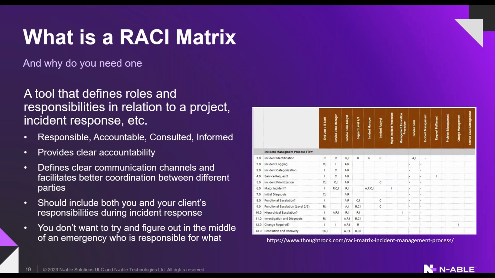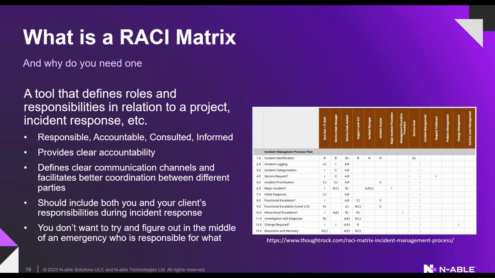It's a chart that is going to lay out: these are the people that have to do these things, and these people know they have to do these things. And you've probably seen some form or variation of a RACE matrix before, but didn't realize it had a formal name.